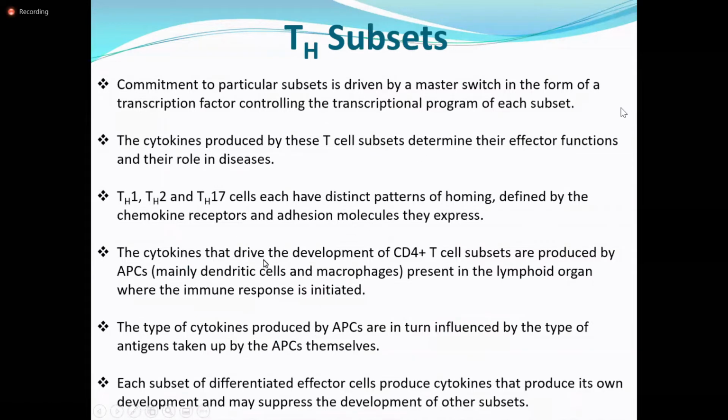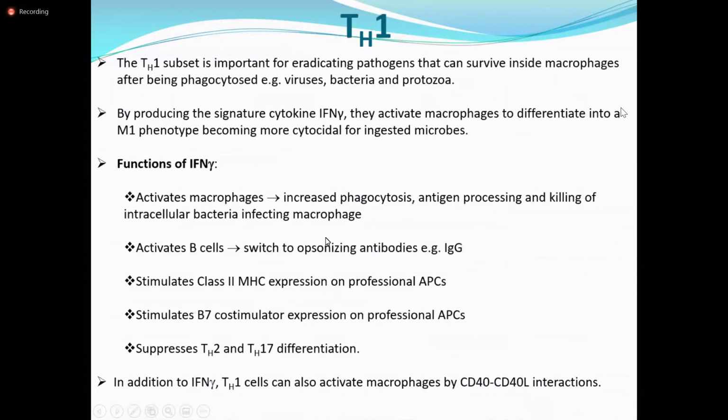This is just to basically repeat what I've just said. Now, the first subset, the Th1 subset. Each of these subsets, Th1, Th2, and Th17, we differentiate by particular signature cytokines they produce. The Th1 signature cytokine is interferon gamma.